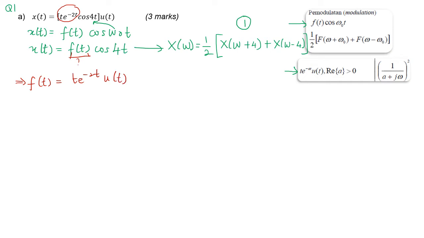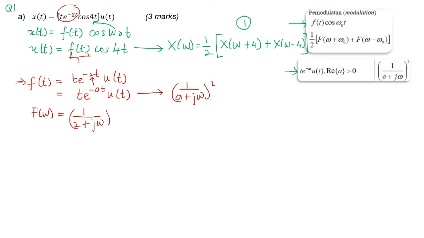From the table, you know that t e to the minus a t u(t) will produce 1 over (a plus j omega) squared. In this case, we know that a is equal to 2. Therefore, F(omega) equal to 1 over (2 plus j omega) squared. So this is equation 2.